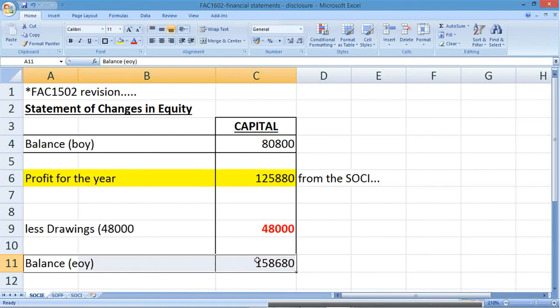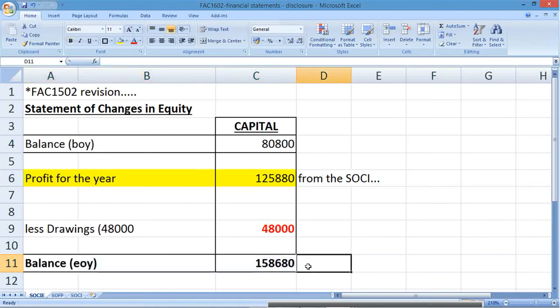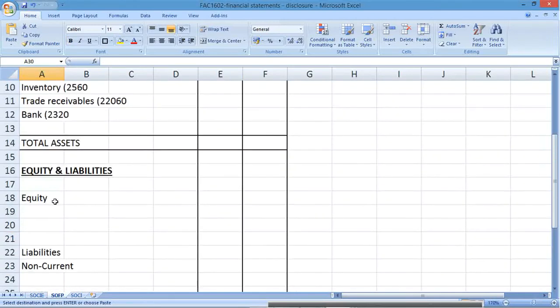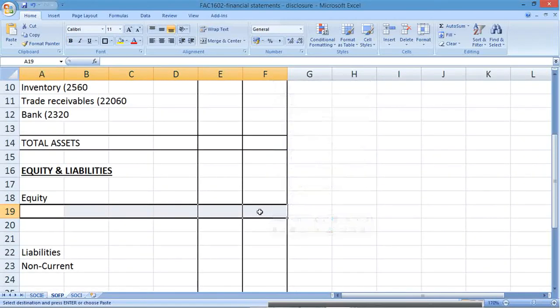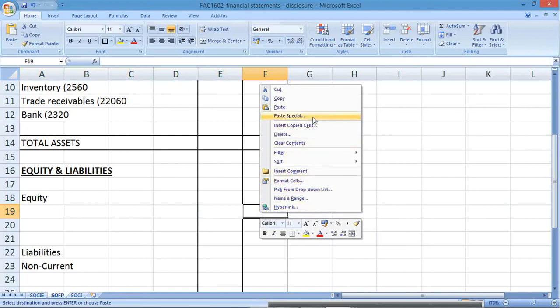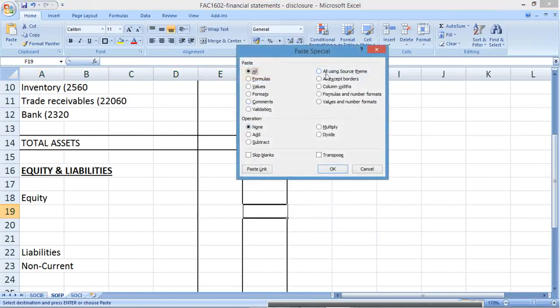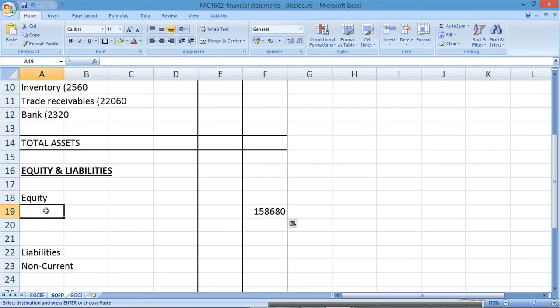Yeah, and where does that go? Onto the statement of financial position, under equity. Correct. Okay, that's good. Right, so now this figure, I'm going to take and move under equity, capital.